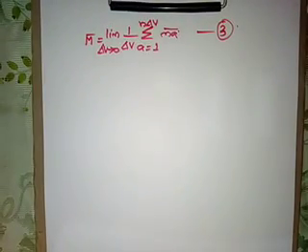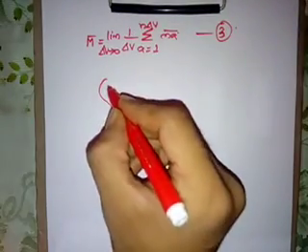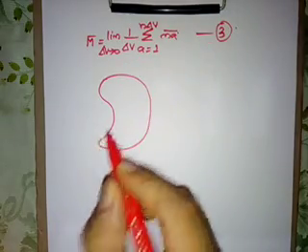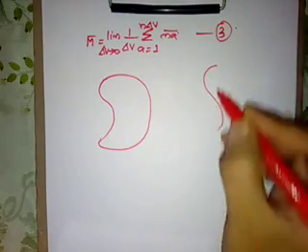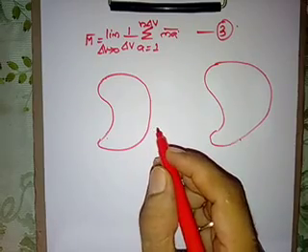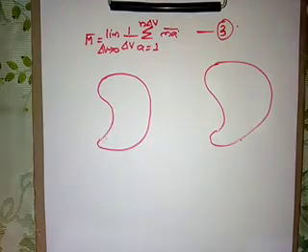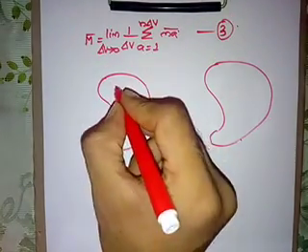If we consider the differential volume delta V, and the external field is not applied to the material, then what will happen?